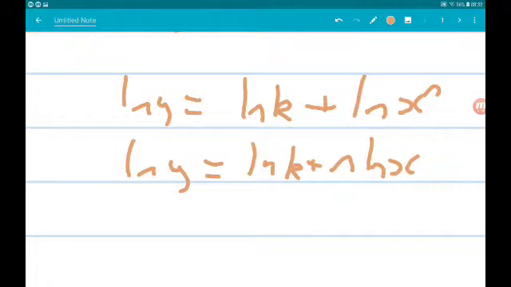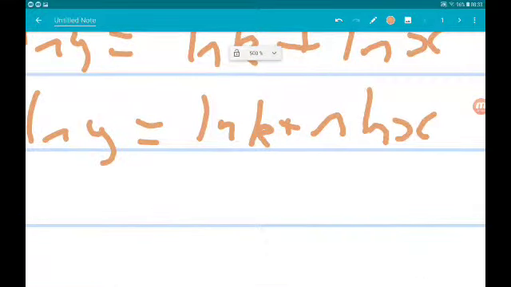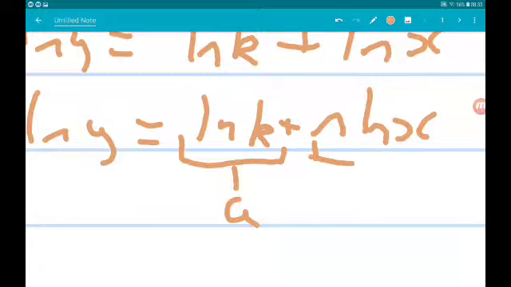So that is in the form that they want it. Log k is just a constant, which we could call a, and then we've got n log x, so that we can think of as b log x. Cool.